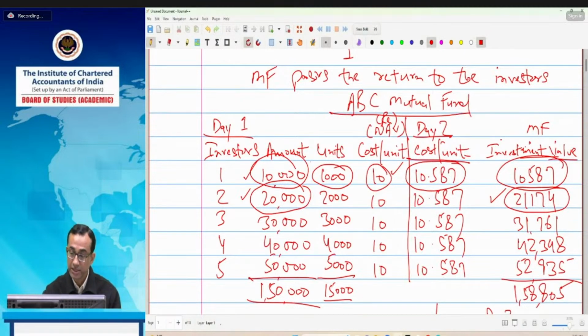But on day two, his investment value has increased from 10,000 to 10,587. So this rupees 587 is the return to the existing shareholder, that is investor number one in this case. But for a new investor, it is a cost because now they have to invest at 10.587 and not 10 rupees.